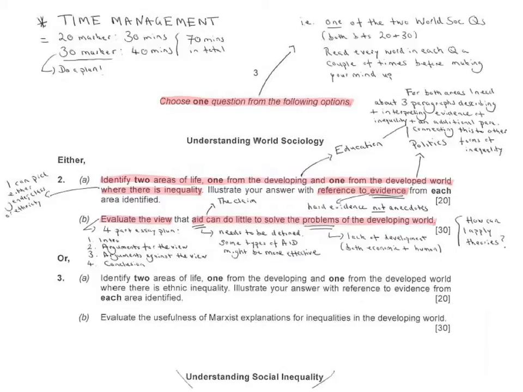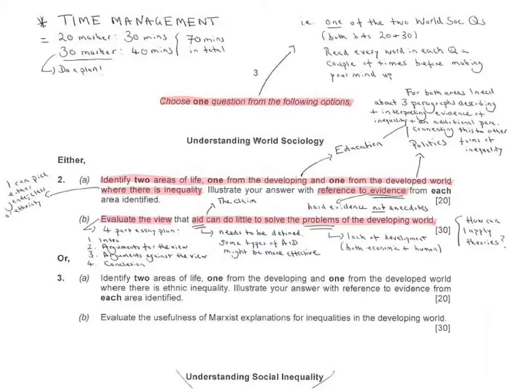So when you get into the exam, make sure that you read the questions carefully, at least a couple of times, so that you can make your mind up about whether or not you want to do 2A and 2B or 3A and 3B. And I'm going to imagine that I've read through the questions carefully and I've decided that I'm going to do 2A and 2B.